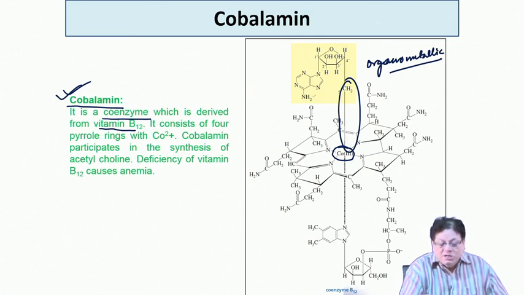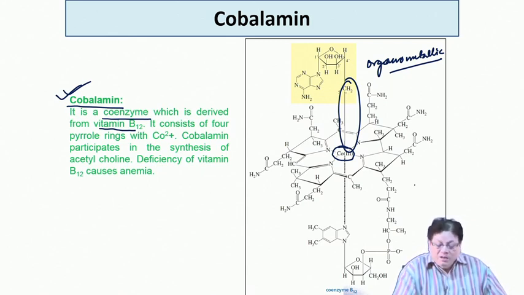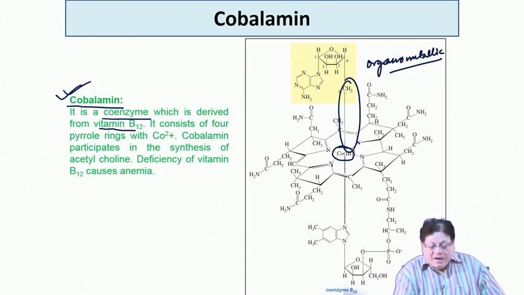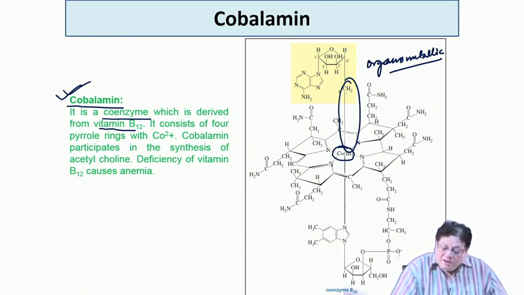This is because this is attached to the adenine and to the sugar. So, this is adenosine. The CH2 is attached to the cobalt, that is a covalent bond. On the hexacoordination, 4 sides are occupied by these nitrogens, and of the other 2 sides, one is the CH2 of the adenosine, and the other is this.